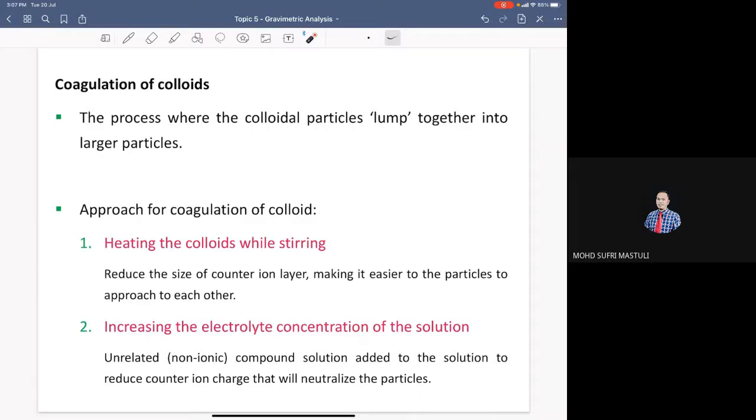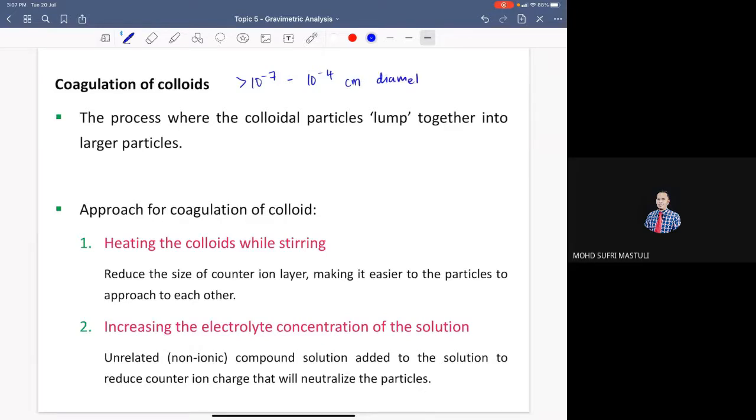Coagulation of colloid. Colloid, as I mentioned just now, has a diameter of 10 to the power minus 7 to 10 to the power minus 4 centimeter.